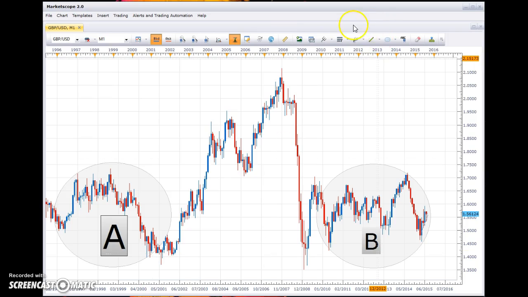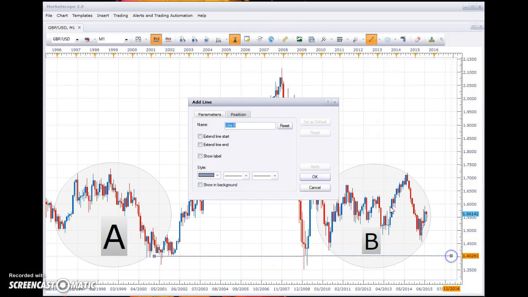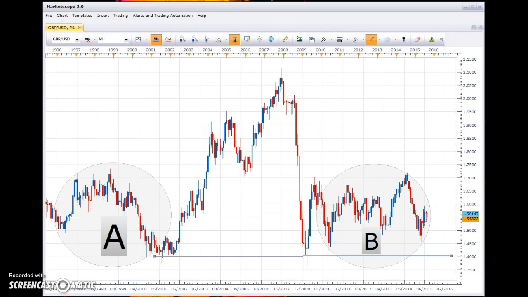So if we said that we wanted to set the border here at 140, as a sort of bottom line, this means that currently we're at 1.56, okay, so 146, that's 1,600 pips away. We may not actually hit it square on the mark, but even if we dropped half of that, that would still give us 800 pips to the downside. And then maybe, yes, we might see this.